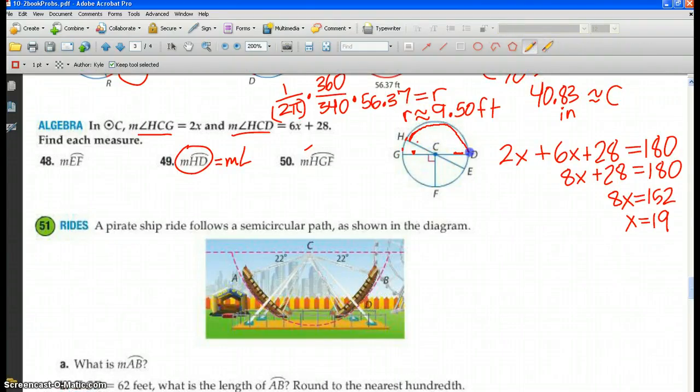So that would be 6 times x, which is 19, plus 28, which simplifies to 142.